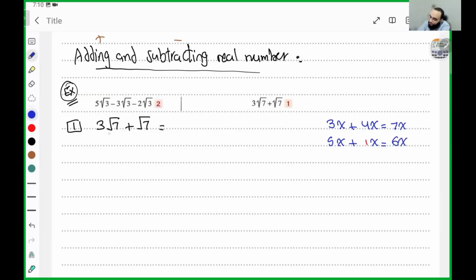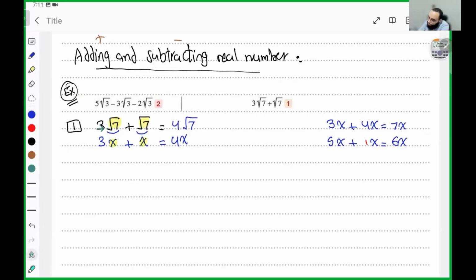It's the same. This is like x. If it is 3x plus 1x, then it's gonna be 4x. So if it is 3 root 7 plus 4 root 7, then it's gonna be 7 root 7. That's it. So root 7 here is something like the x.